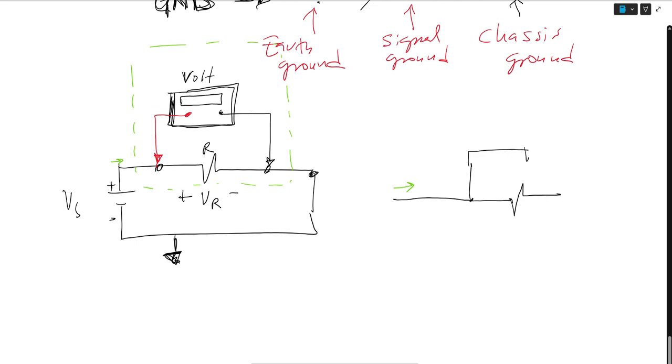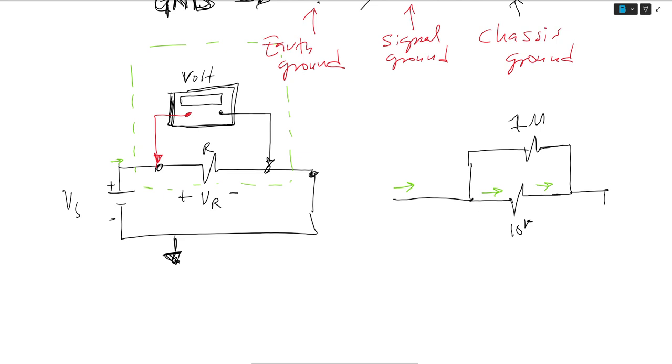A path where we have a 1 mega ohm resistor or a 10 kilo ohm resistor. Most of the current will flow through here. So essentially, we want the maximum current to flow through the 10K resistor.